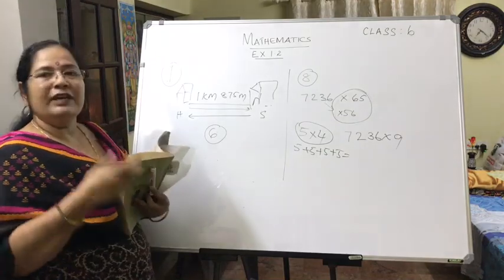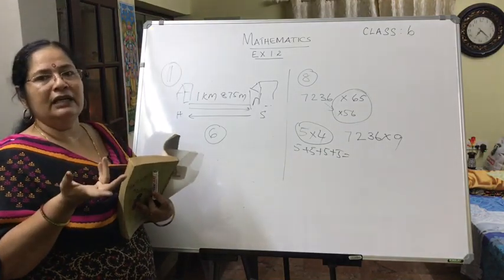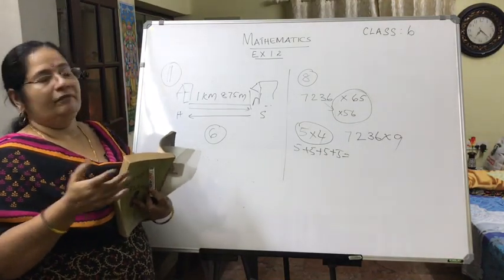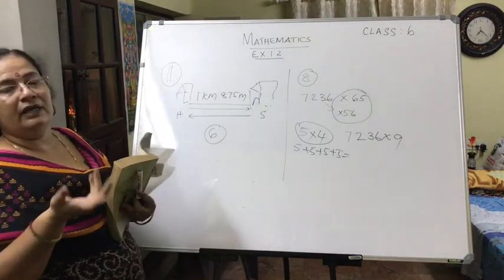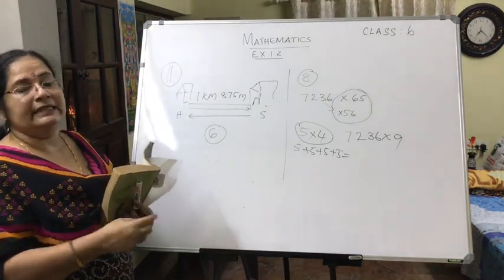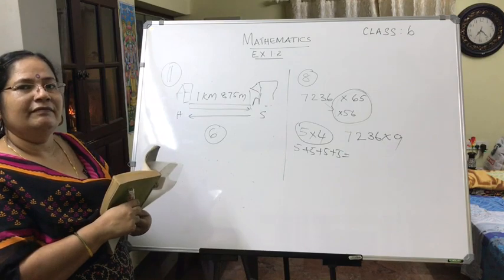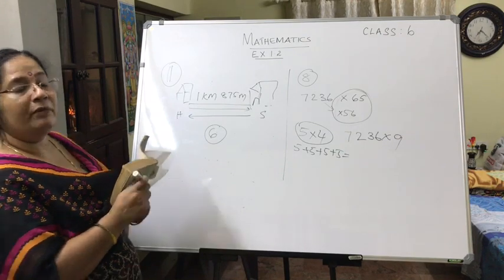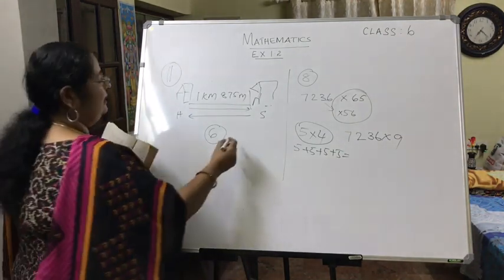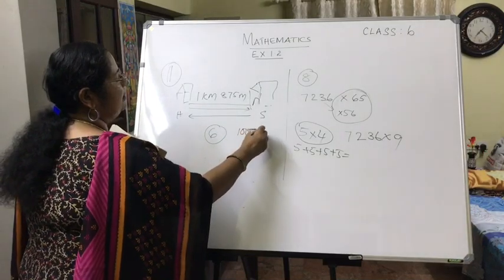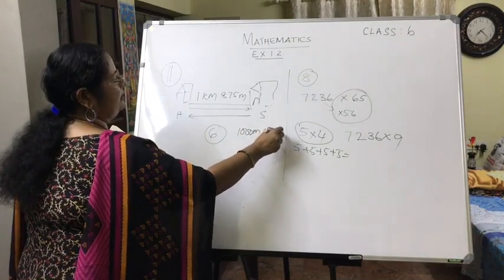the earlier question you can convert the unit, because it is given in kilometers and meters. You can convert the kilometers to meters. What is the relation between kilometer and meter? How many meters make 1 kilometer? 1000 meters make 1 kilometer.